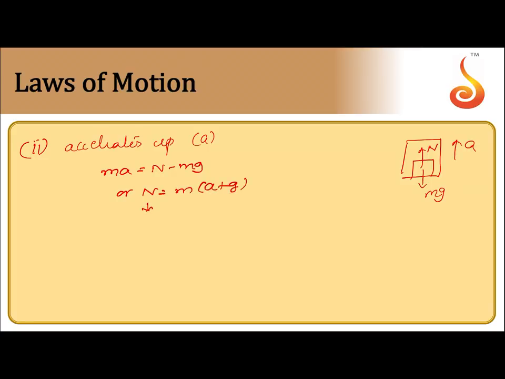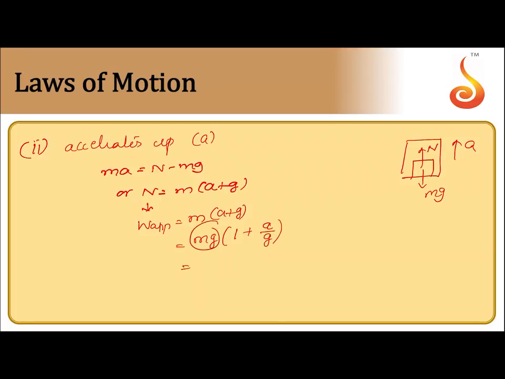But you know, normal reaction is a measure of apparent weight. So I can write apparent weight is equal to m into (a plus g), or this can be written like this: mg into, what is it going to be? It is going to be (1 plus a divided by g).